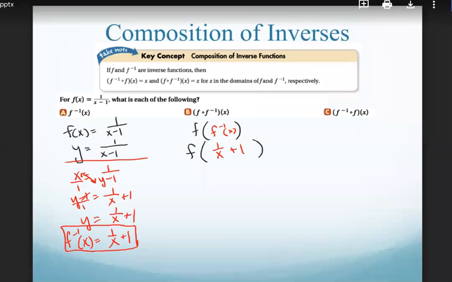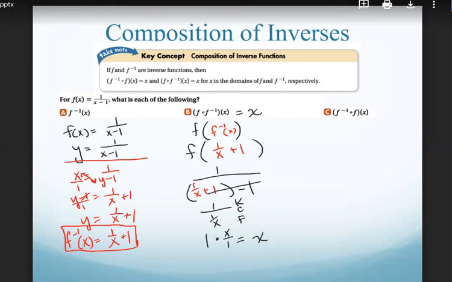And we're going to substitute that into our original function, 1 over x minus 1, and instead of x, we put 1 over x plus 1. Okay, now we're going to simplify. Plus 1 minus 1 is just 0. So we have 1 over x, and we talked about keep, change, flip. Division turns to multiplication, flip becomes x over 1. So our composition here equals x.